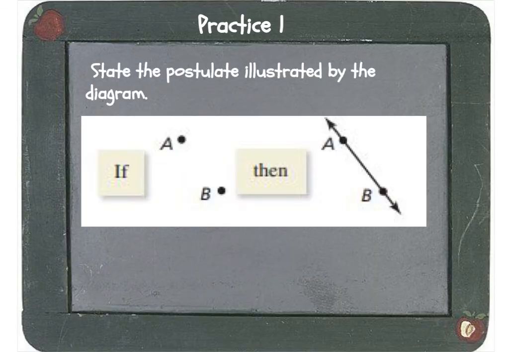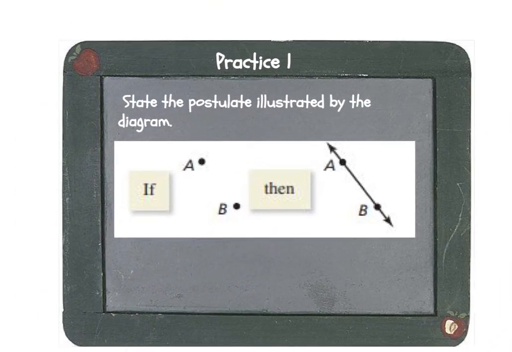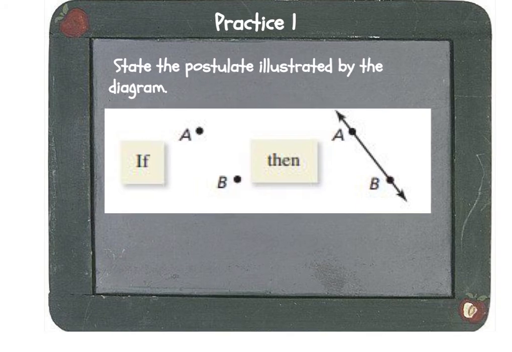Okay, so it wants us to state the postulate illustrated by the diagram. For this example, this would be 2 points that form a line. So let's go ahead and write that in there. That was the 2-point postulate. Okay.